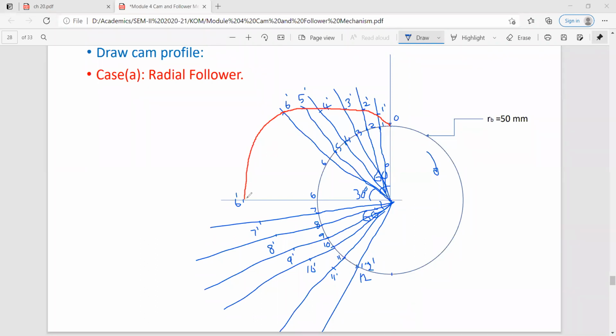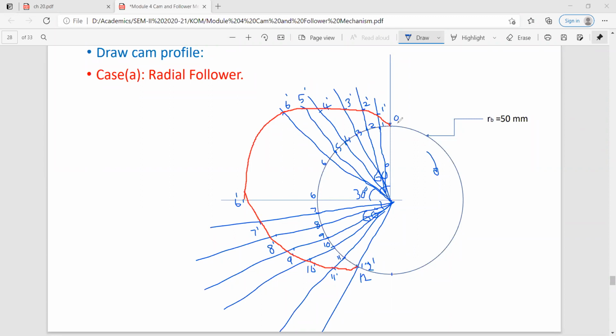Now leave the compass, again join with a smooth curve. Use the pencil and join all these dash points, 6 dash, 7 dash, 8 dash, 9 dash, till you again come to the lowest position. So here you go like this, and finally you go to the lowest position.